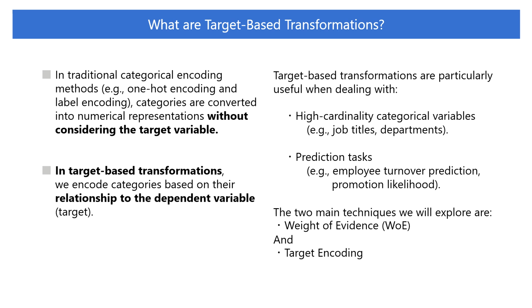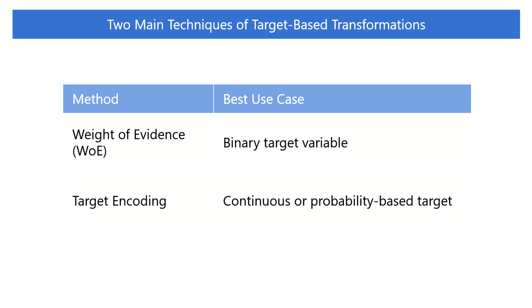This is particularly useful when dealing with high cardinality categorical variables and prediction tasks. The two main techniques we will explore are weight of evidence and target encoding. We should use WOE when dealing with binary classification problems. When we predict probabilities or continuous outcomes, we should use target encoding.